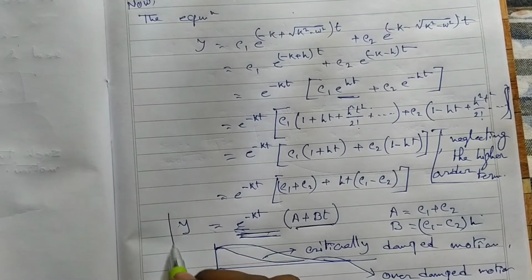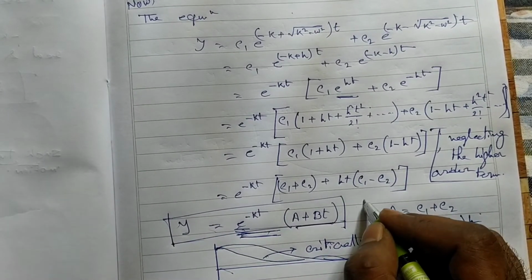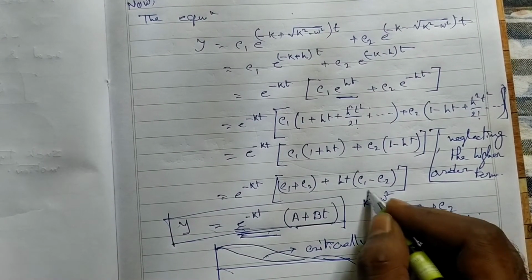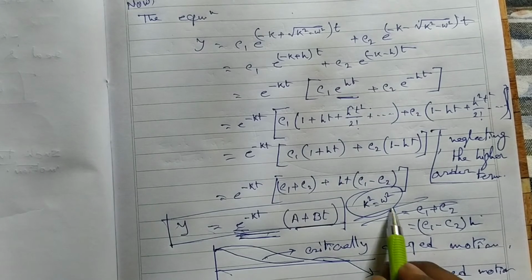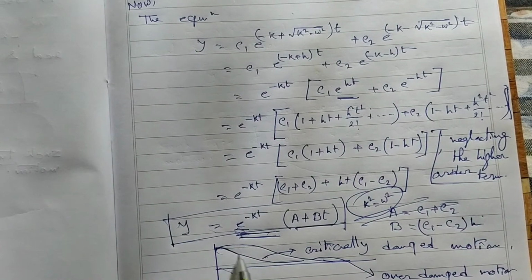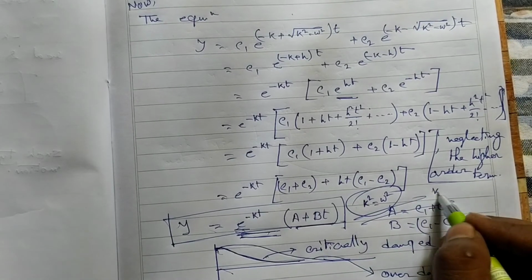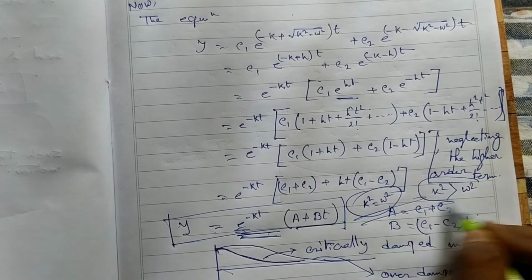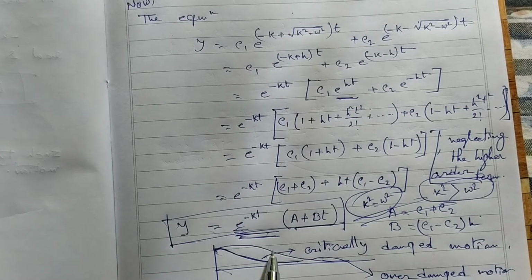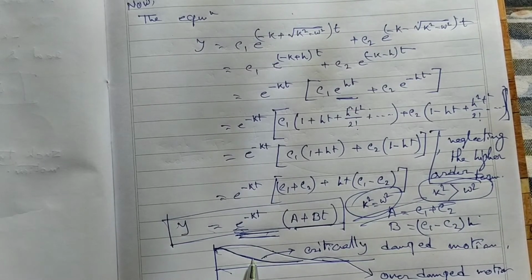The critical one is the case when k square is equal to omega square, and in that case the wave gradually decreases more slowly than in the case where k square is greater than omega square. So this one is called overdamped and this one is called critically damped motion.